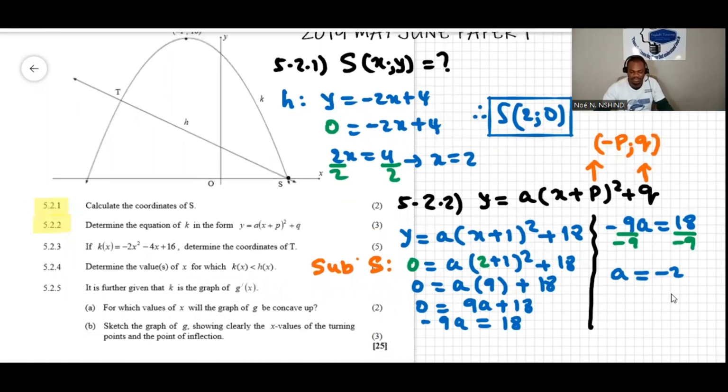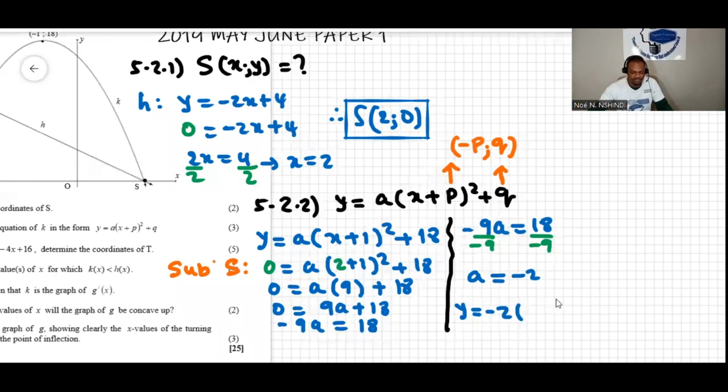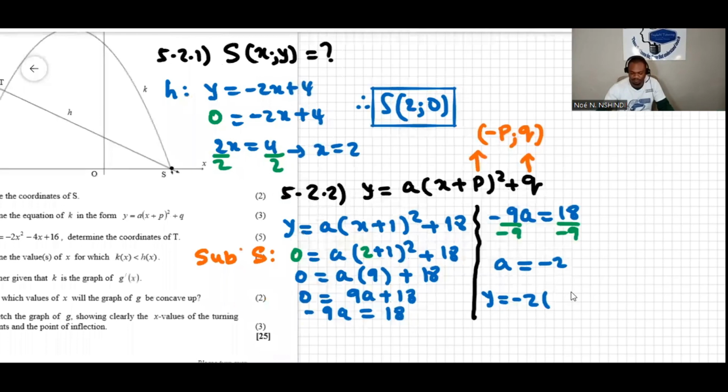Now that we have a, we can write the equation. y will be equal to negative 2(x plus 1) to the power of 2 plus 18.